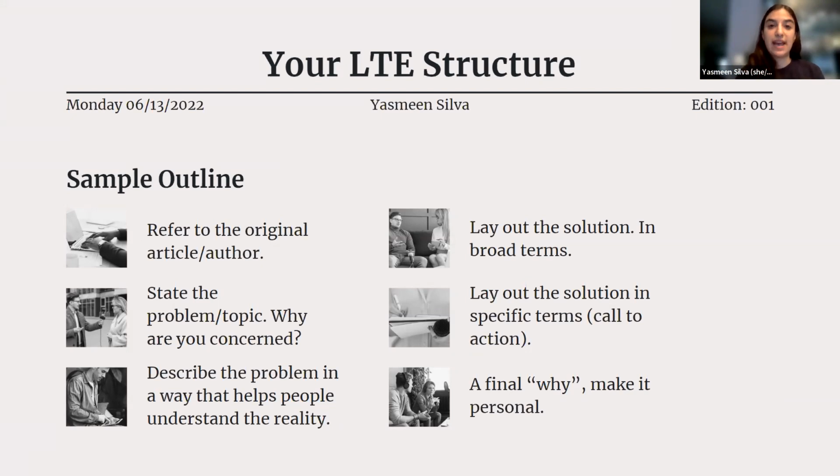Next, you're going to want to lay out the solution. I like to think about this as the broad terms of the solution. So obviously, less garbage would be the thing, but then also, how do we achieve that? What will help us narrow in on that broad vision? So in this case, packaging should no longer burden our landfills.